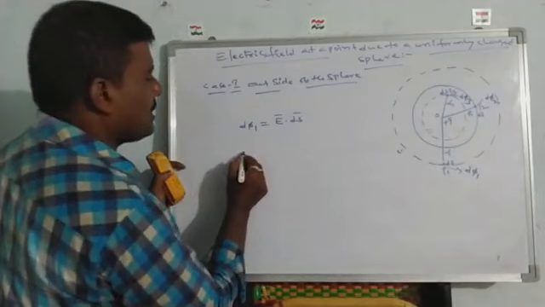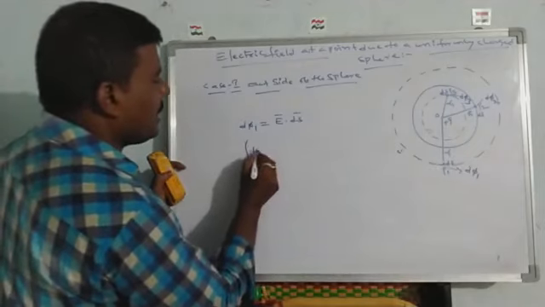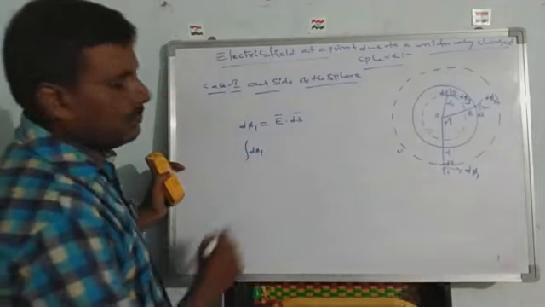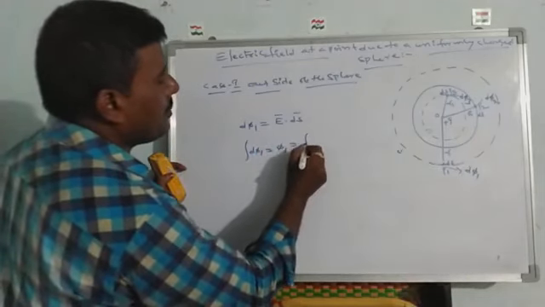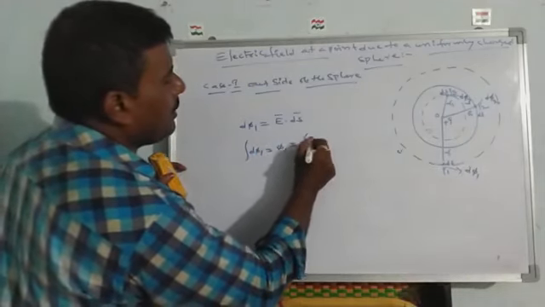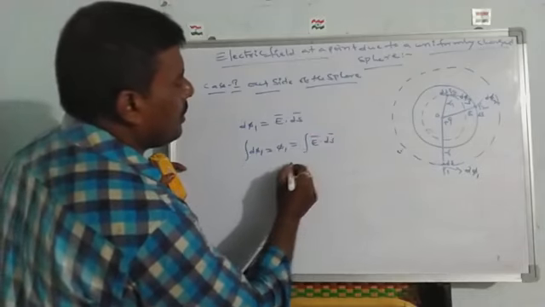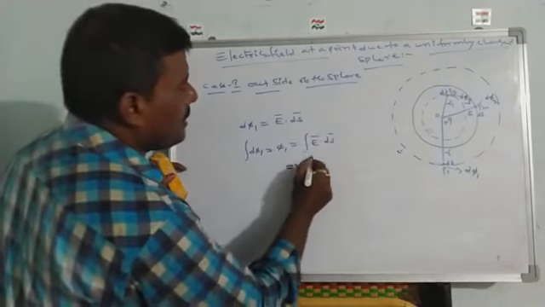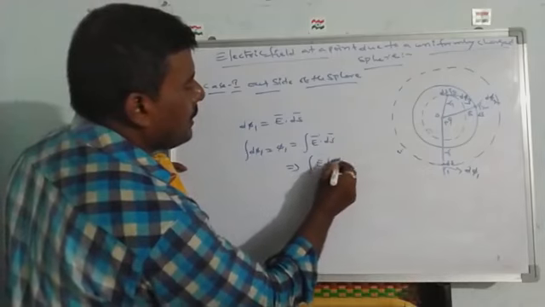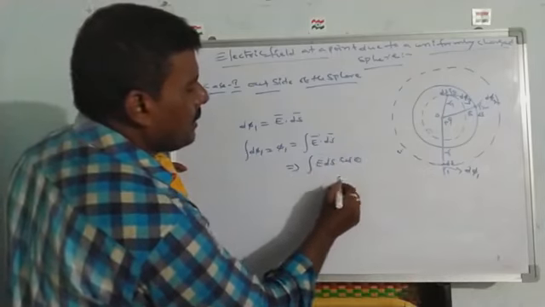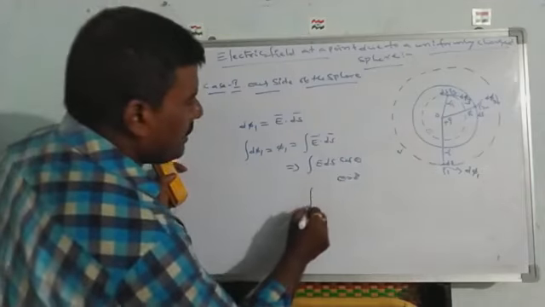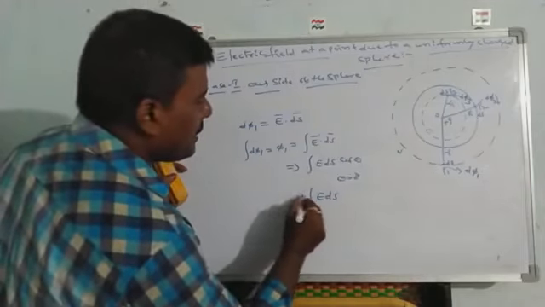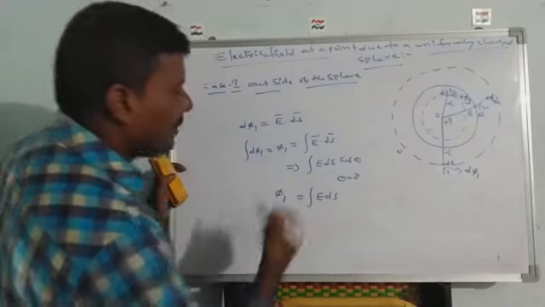The total flux is the integral of d phi 1, that is phi 1 equals the integral of E bar dot ds bar, which implies the integral of E ds cos theta. Here theta equals 0 degrees. So the integral of E ds equals phi 1.